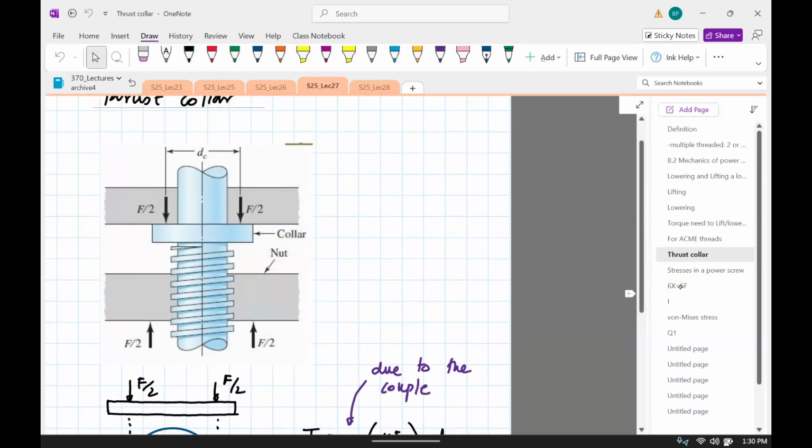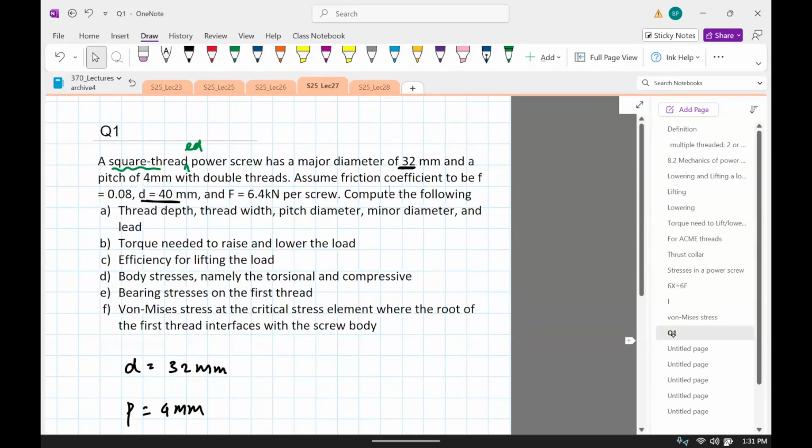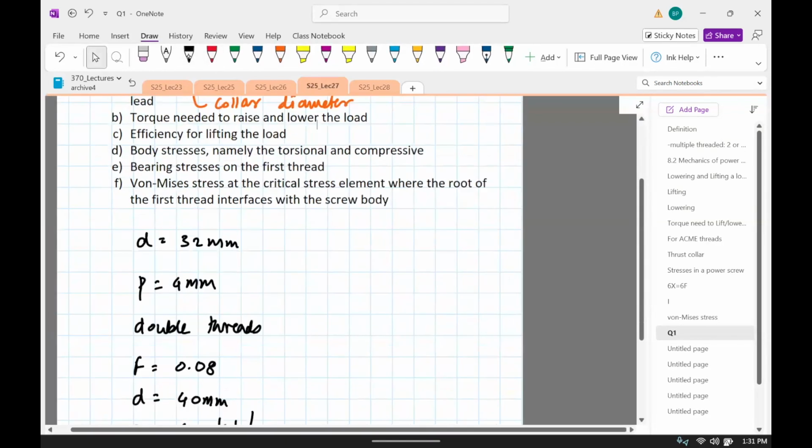I think it's DC, the collar diameter, which I should have stated there. Let me quickly check. Yes, it's DC, so it should be the collar diameter. Sorry about that, that should have been more clear. This is the collar, so this is DC.